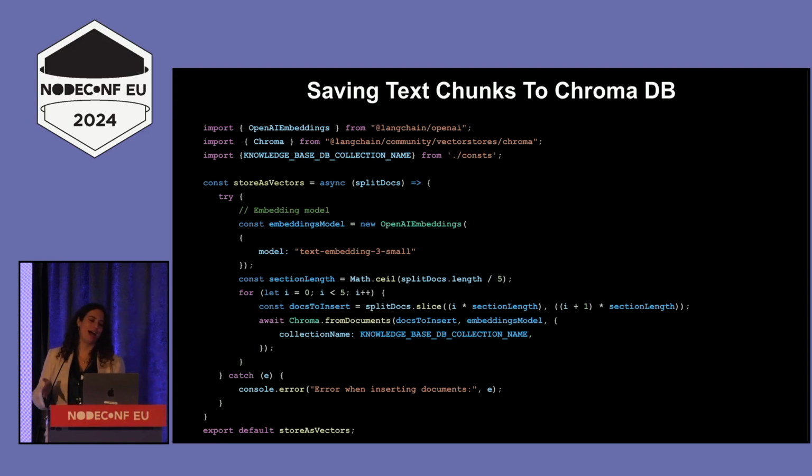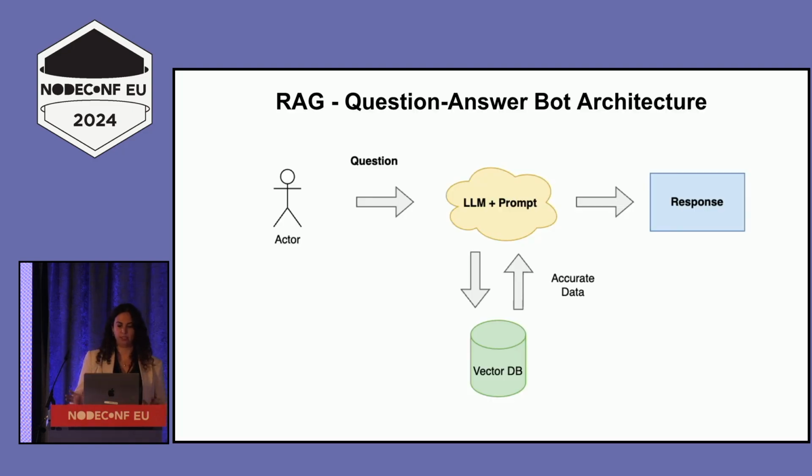And this is saving the chunks into the Chroma DB. Each chunk that I get from the loader, I embed. I chose an embedding model from OpenAI, and I save it into the database.